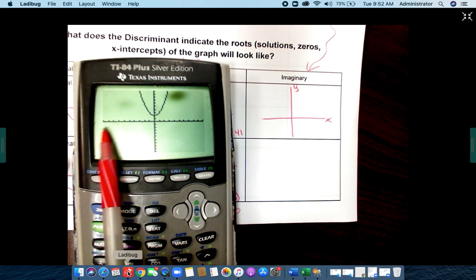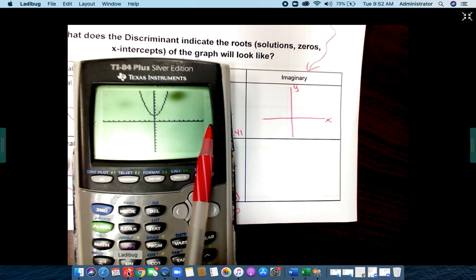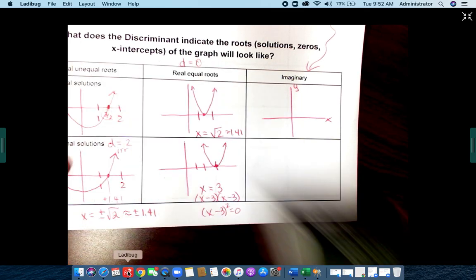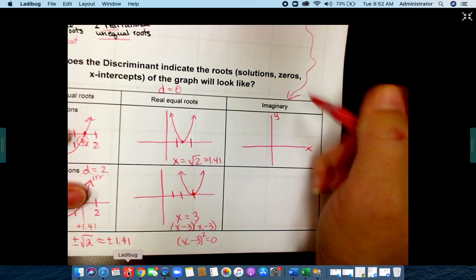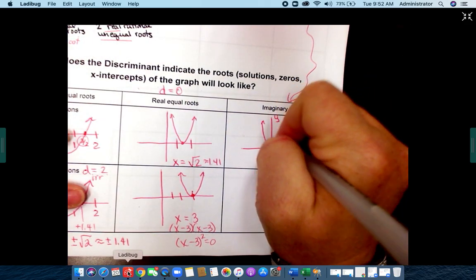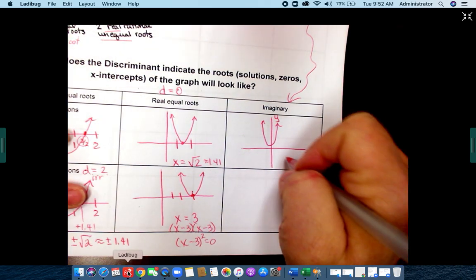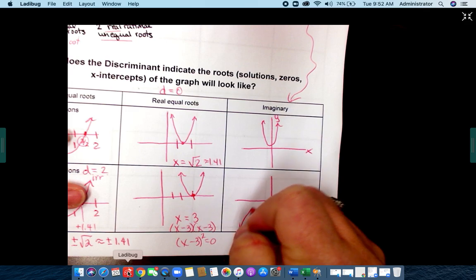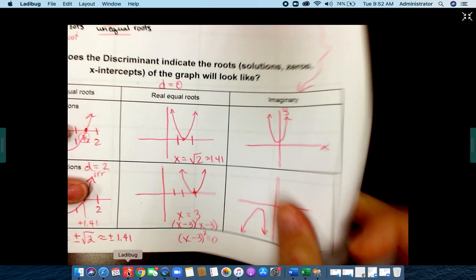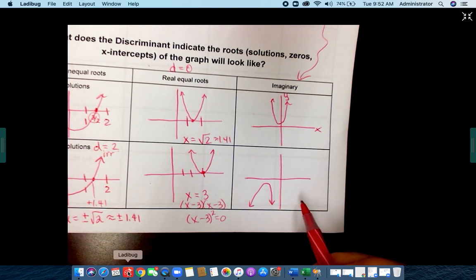So that tells me that my solutions are not real, because if they were real, they would hit the x-axis. So that's what I mean by up here. If they do not touch the x-axis, they're not real, they're imaginary. So that means I could have a parabola floating up here in the air. It could open down. Maybe it's in quadrants 3 or 4, but the point is it will never hit the x-axis.